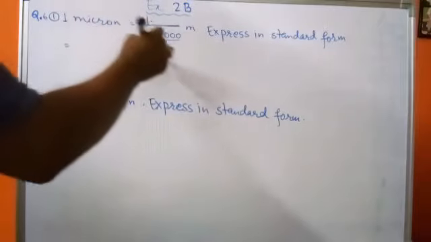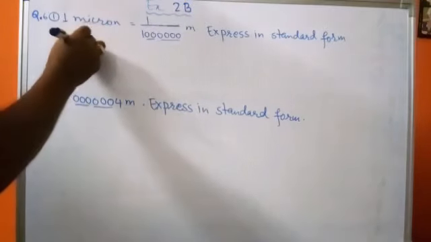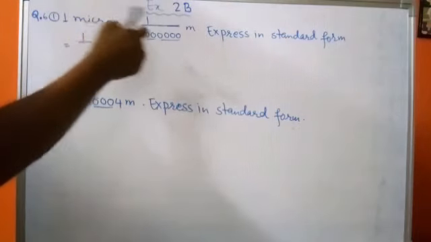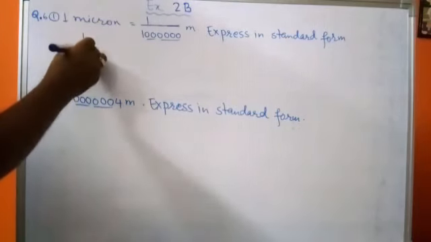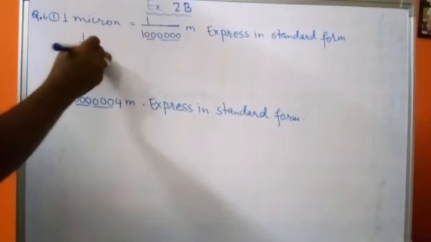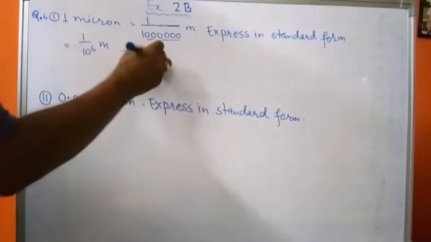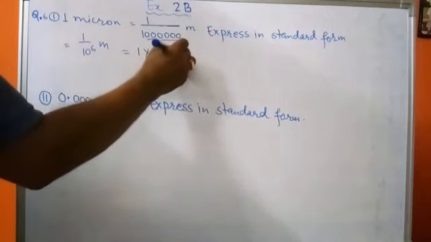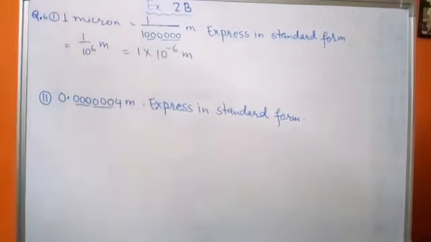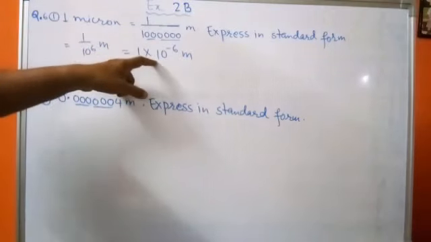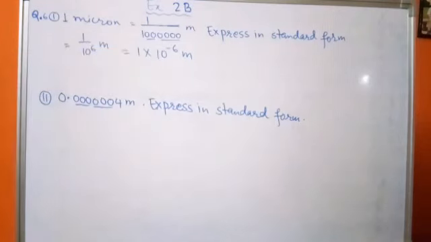That means this number is already given in A by B form, so first of all it is changed into exponential form, 1 by 10 to the power 6 m, or we can write 1 into 10 to the power minus 6 m, that is the value of 1 micron in standard form.